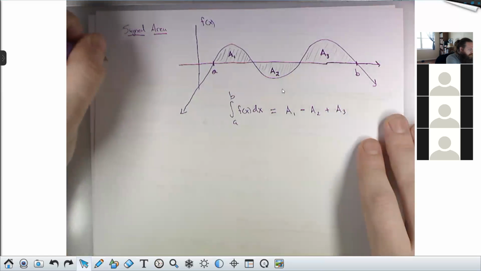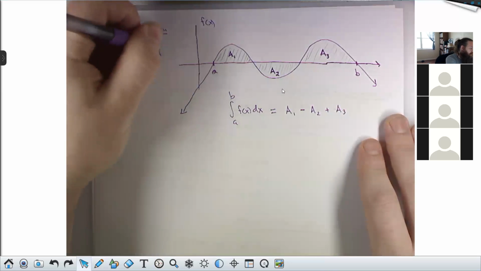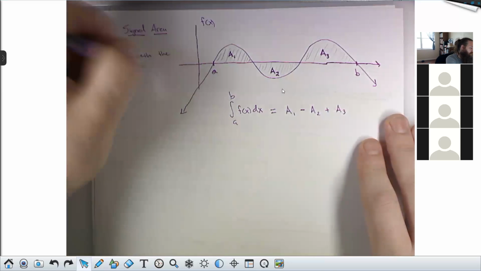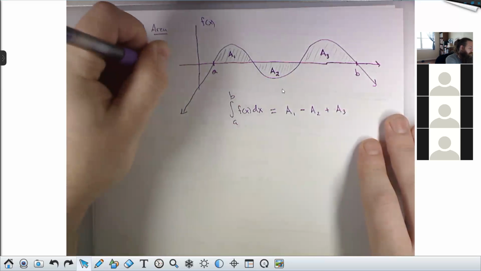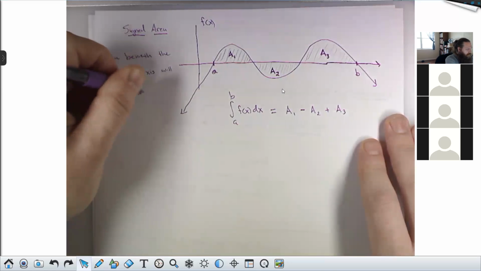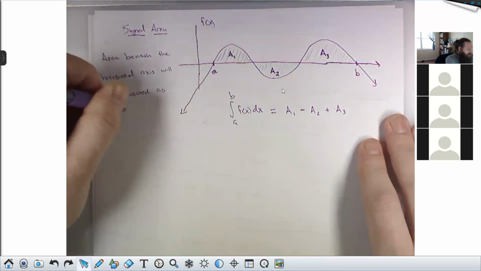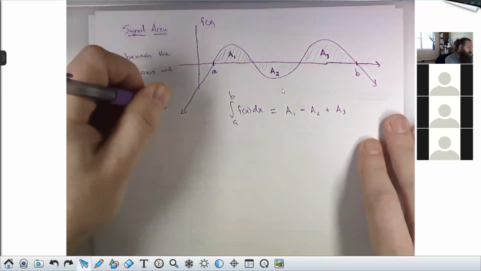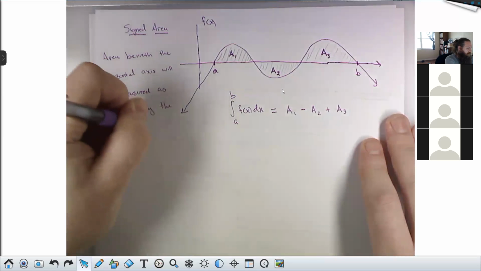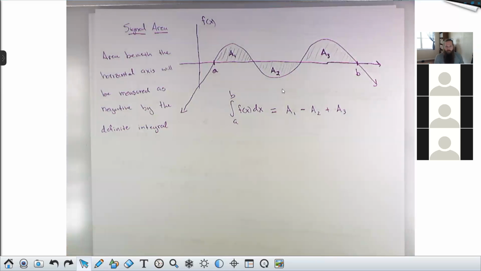So area beneath the x-axis, or I should say the horizontal axis, will be measured as negative by the definite integral. And that's what we mean by signed area.